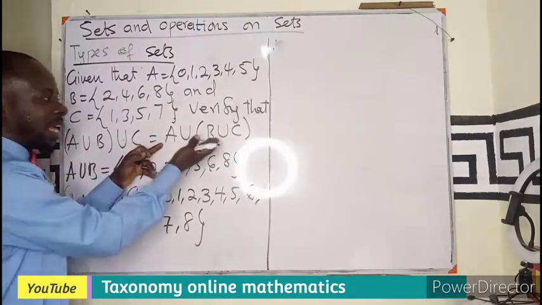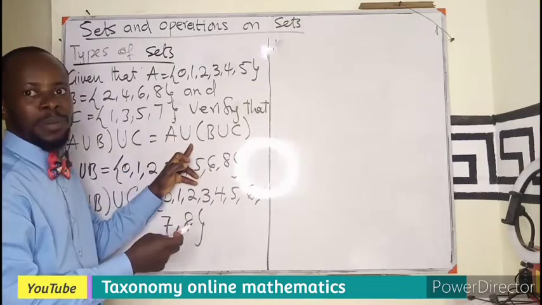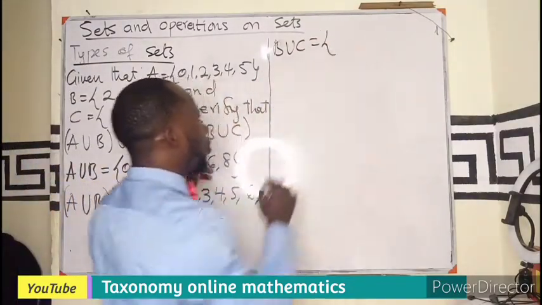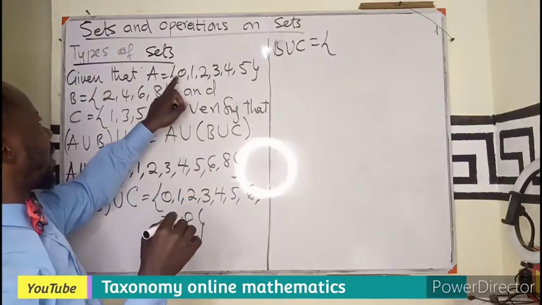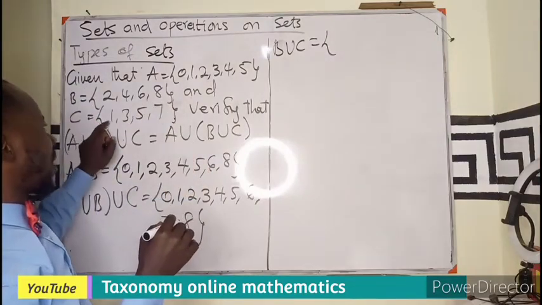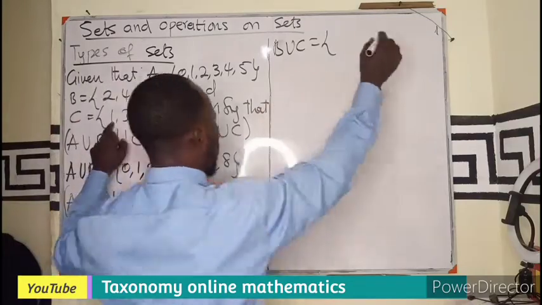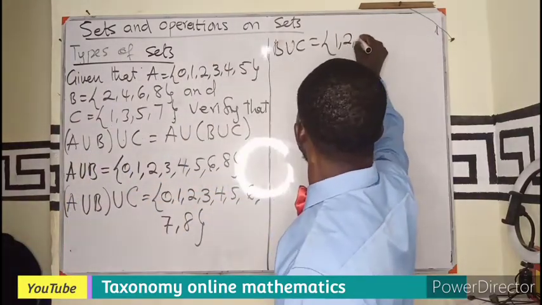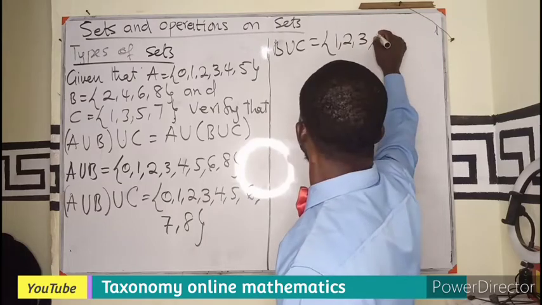Let's try the right hand side, taking the bracket first, meaning B union C, putting B and C together, starting from 1. So 1, 2, 3, 4.